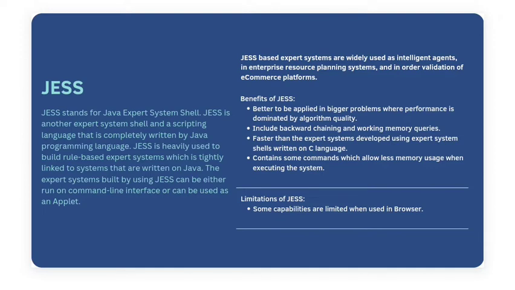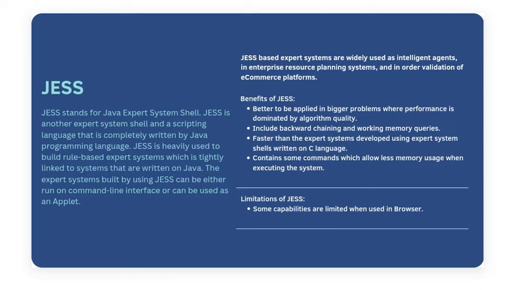The expert system built using JESS can either run on a command line interface or be used as an applet. JESS-based expert system shells are widely used as an intelligent agent in enterprise resource planning systems, in order validation, and in e-commerce platforms.